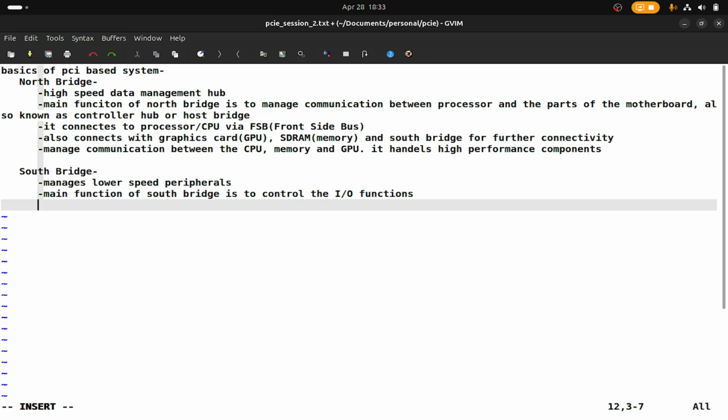Next point is the North Bridge is the medium that connects South Bridge and CPU.